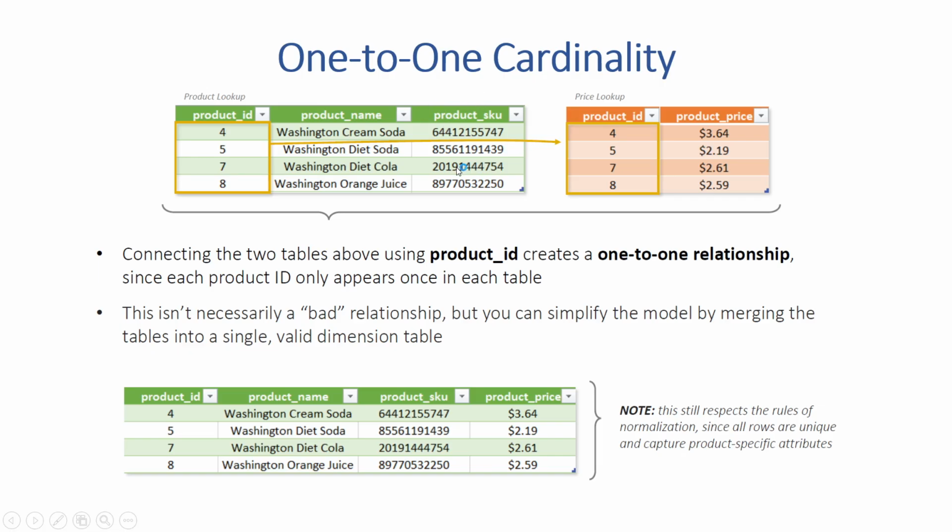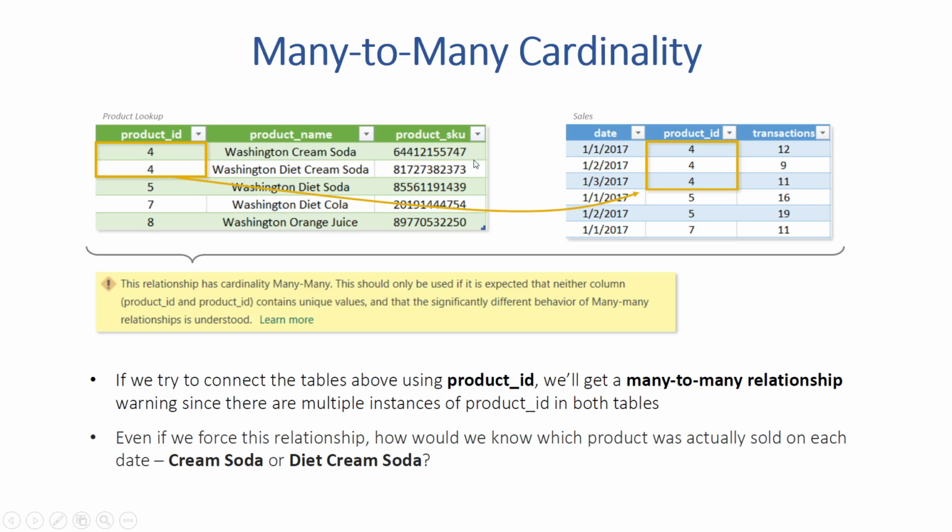Let's try to understand what many to many is. See, when you have many product IDs in the sales table, like the 4 for cream soda and diet cream soda, and this is a sale, how do you recognize which cream soda is being sold here? There would be confusion, and it would not be a good relationship.